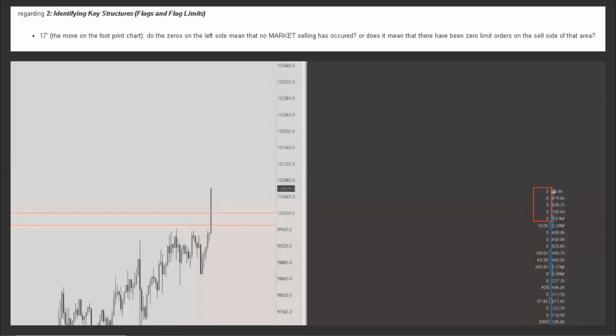And so if you were to market sell when price is here, it's quite likely that the books here haven't repopulated, and so the last buy limit is down here, okay? And so that's where your sell would be registered on the footprint chart. And as a result, these zeros would remain there.